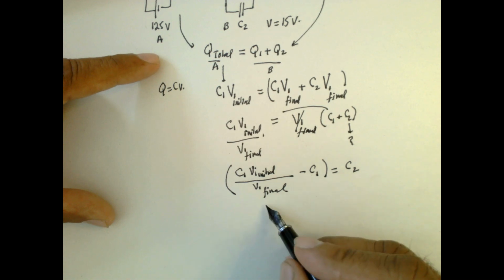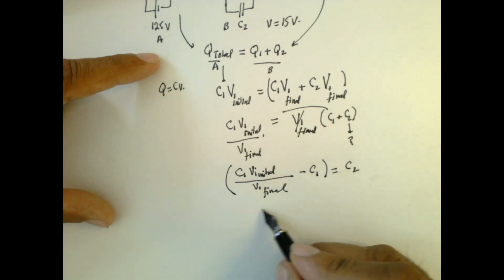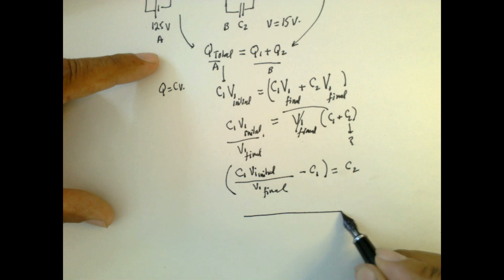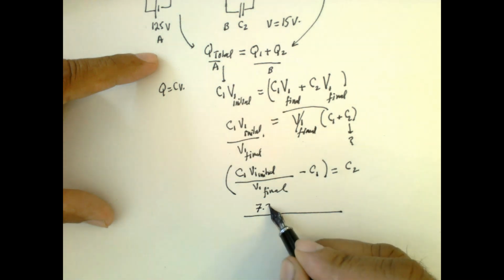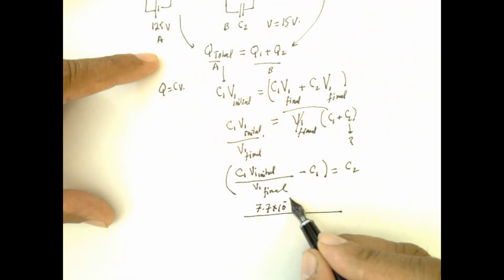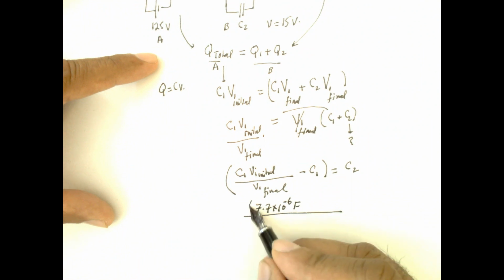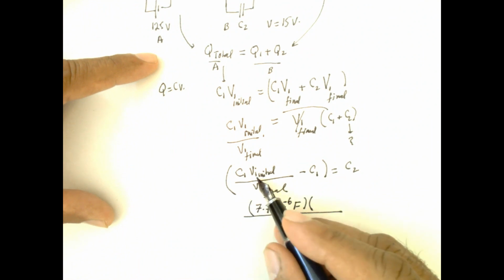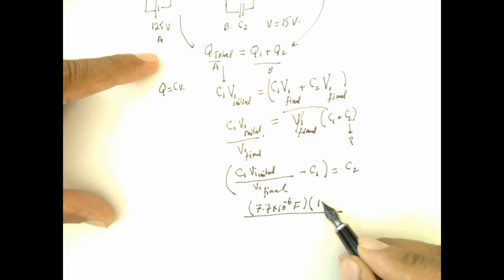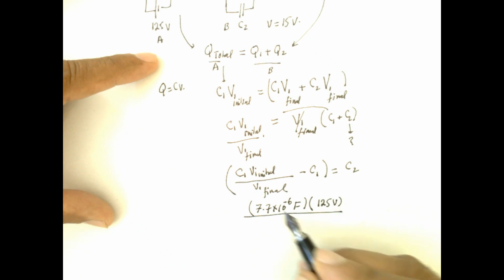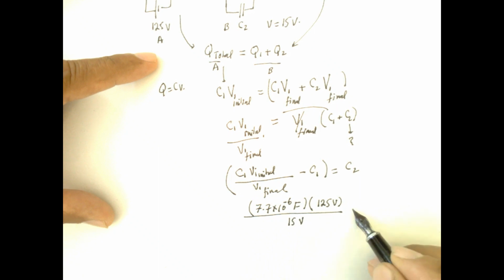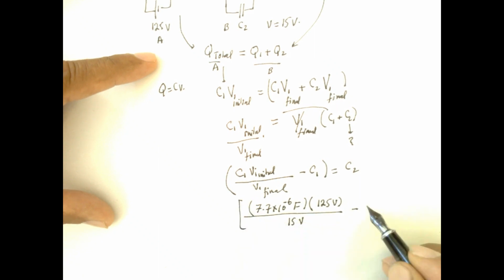So if you substitute the values, C1 is 7.7 into 10 to the power minus 6 farad multiplied by the initial voltage 125 volt over the final voltage 15 volt, minus C1.